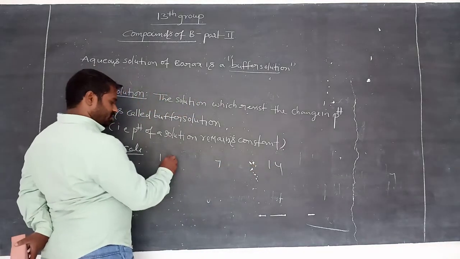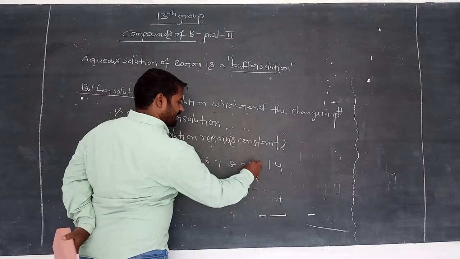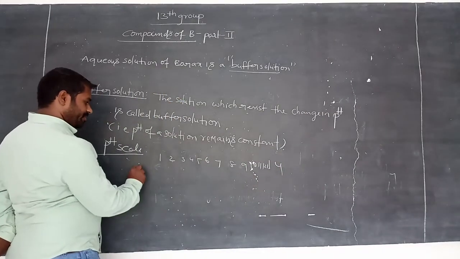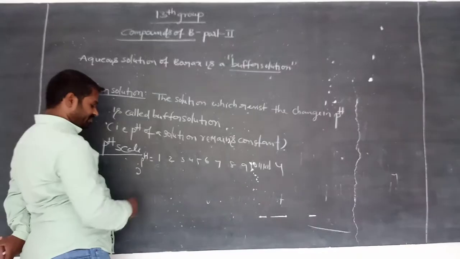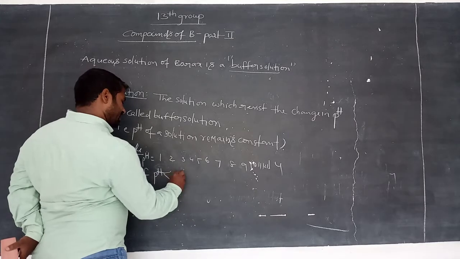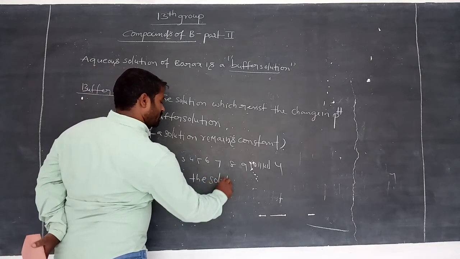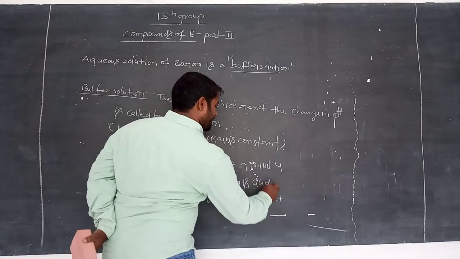If the pH value is less than 7, the solution is acidic.